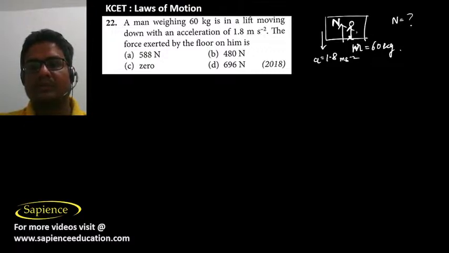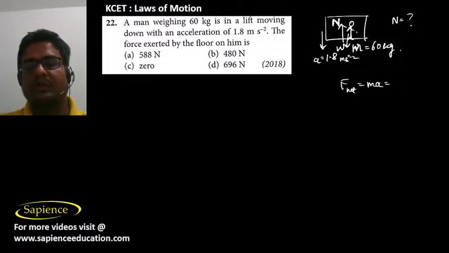So his weight is acting downwards and it is falling down with an acceleration. The lift is moving down with this acceleration. So I can say that the net force, which is mass into acceleration, is equal to the weight minus the normal reaction. So mg minus n is equal to ma.